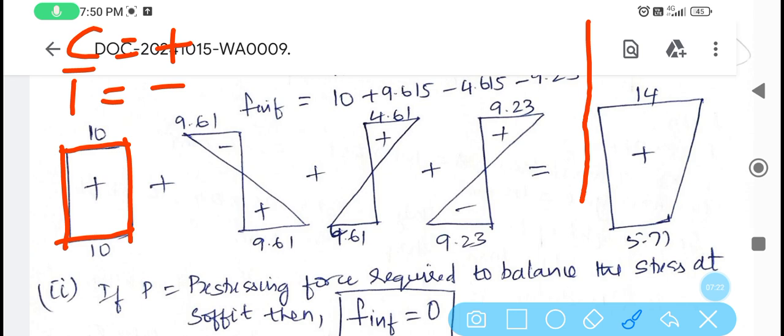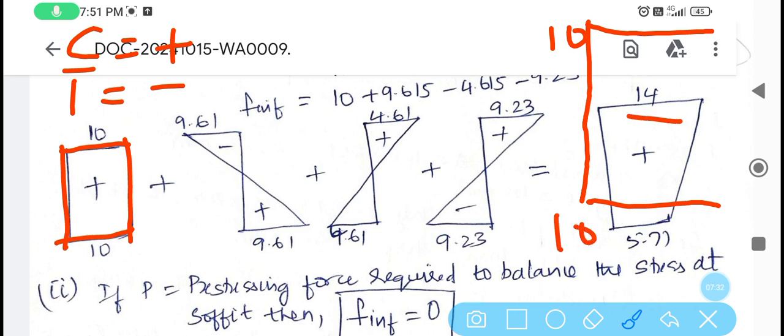Since it is positive, whatever positive values we get, we are going to draw towards the right of the reference section, and that is how at the top we have got 10, bottom also we have got 10, and that is how we have plotted sigma is equal to P by A, that is it is entirely compression. The fundamental concept of pre-stressing is that we are going to impart the pre-compression to the concrete member, and that is why the direct stress due to pre-stressing is always positive.